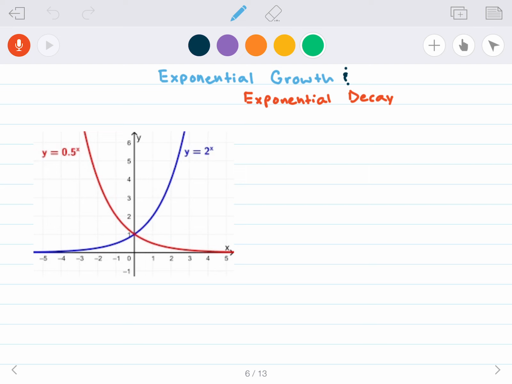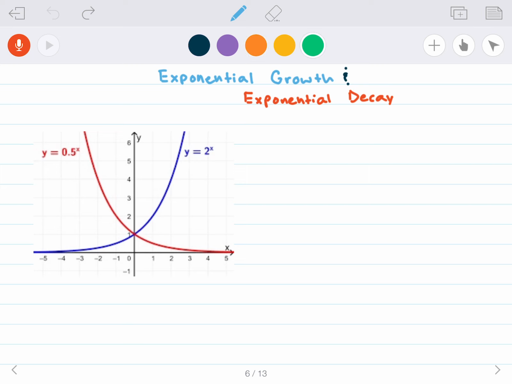But the point is that time is usually our x-axis. So as time goes on, as more time elapses, the function gets higher and higher very quickly. That's exponential growth.